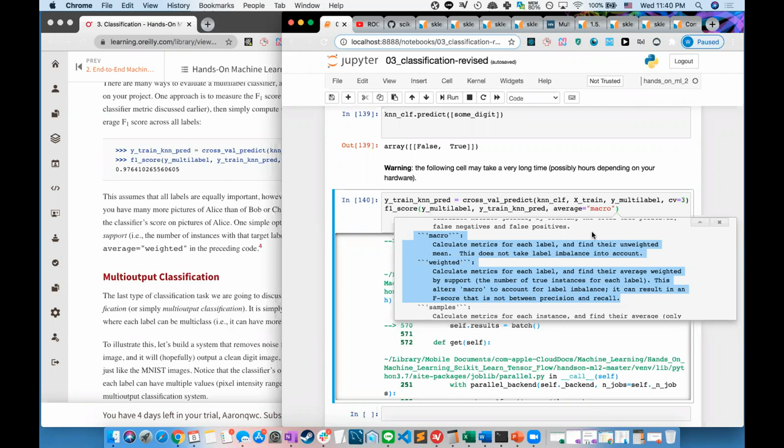Okay. It seems like macro is the case where you want to penalize any misclassification. In other words, you don't say, well, that doesn't count that much if the class only has a few people in it. You just say, anytime you misclassify something, no matter what class it is, it's equally bad. That makes sense.